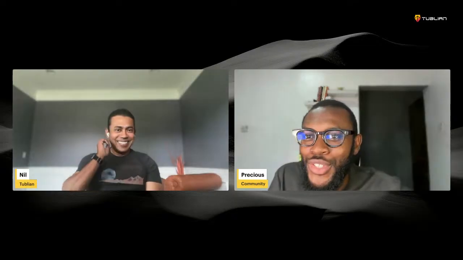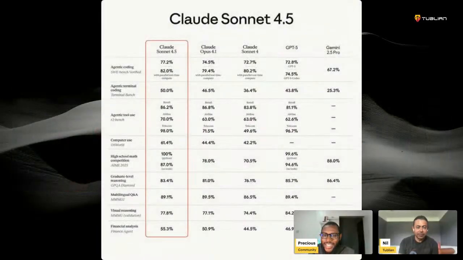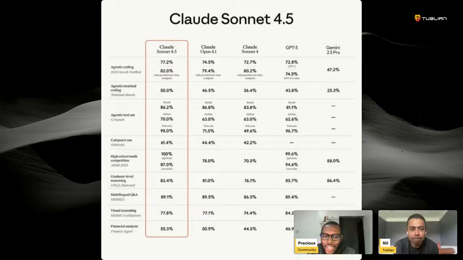I have something to show on my screen. If you're watching us on YouTube, you might want to look at this. This is their benchmark. They have this to show how it ranks against the other agents.